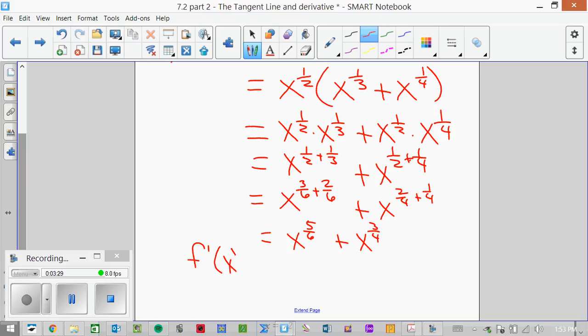Now comes the easy part. Okay? I take my exponent, multiply it by my coefficient, which happens to be 1. I have 5/6. If I take away 6/6, right, I have negative 1/6. Next term, 3/4 times 1 gives me 3/4. If I have 3/4 and I take away 4/4, I have negative 1/4.